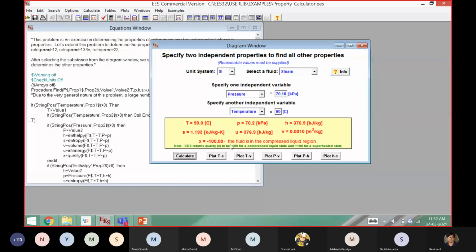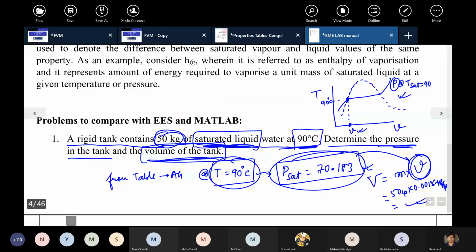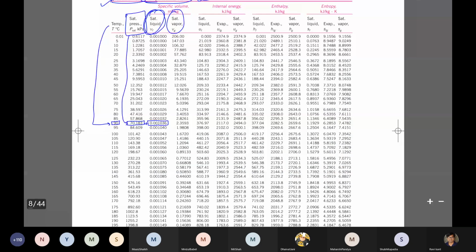In the property table, you can see at 90 you have the saturation pressure, specific volumes, and the enthalpies and entropies associated with it. The same thing you can do here. You can also plot if you want.